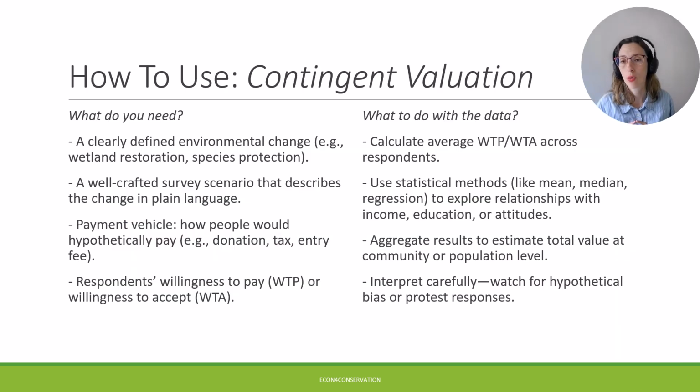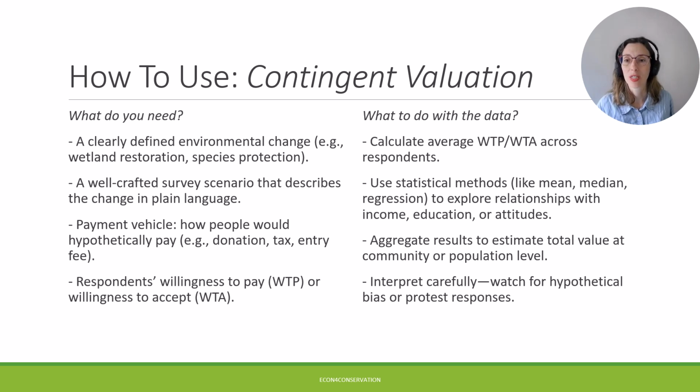So to apply contingent valuation, you need a clearly defined environmental change, for example, restoring a wetland or protecting an endangered species, a survey scenario written in plain accessible language, a payment vehicle like a tax, donation, or entry fee, and a willingness to pay or willingness to accept question.